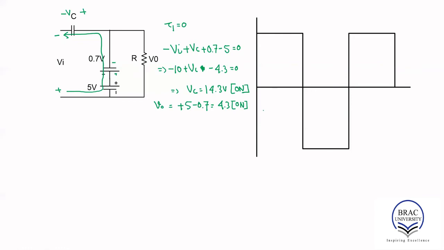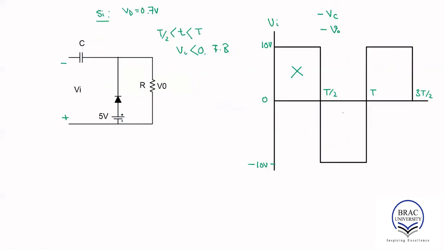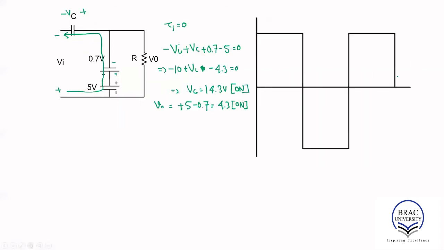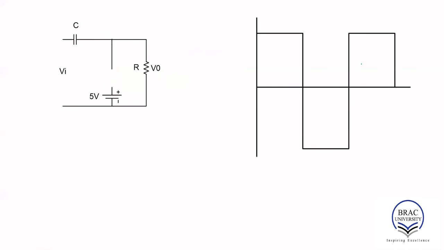Now, when the negative half cycle is over, then comes the positive half cycle. So this is the half cycle we're going to consider, T by 2 to T, 3T by 2.